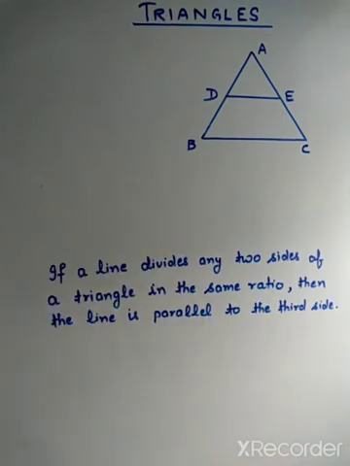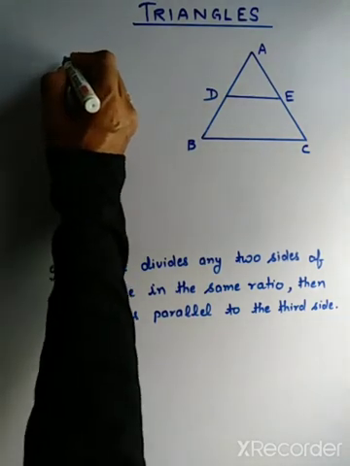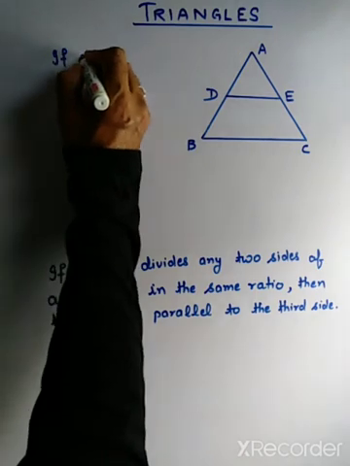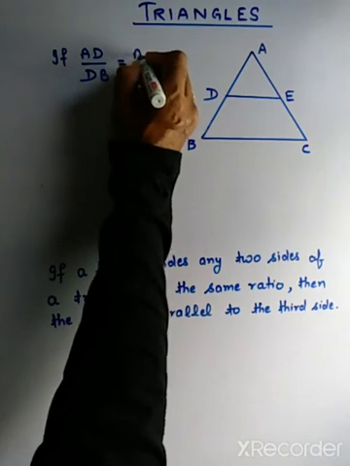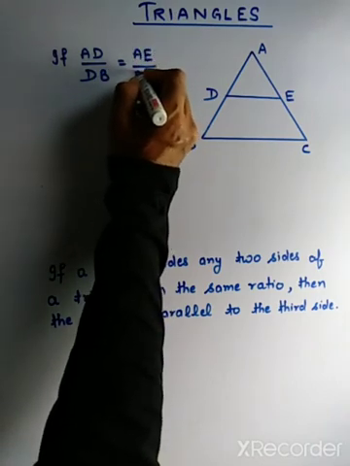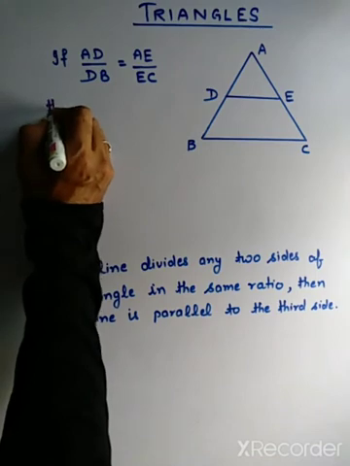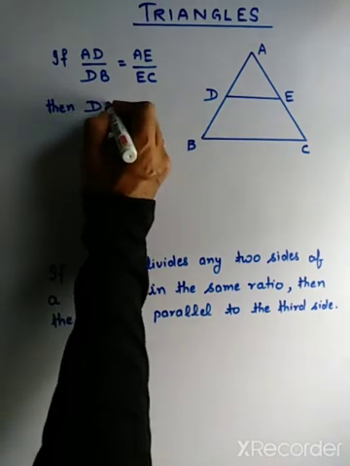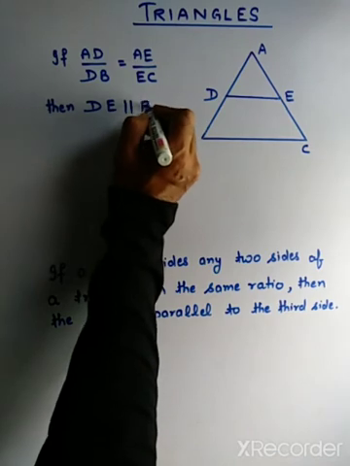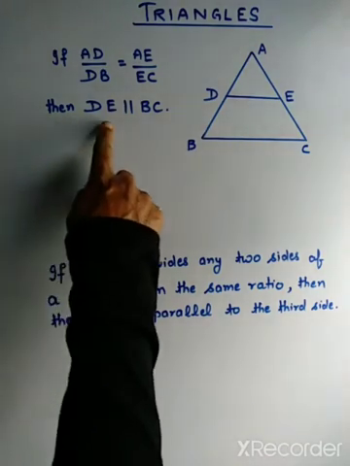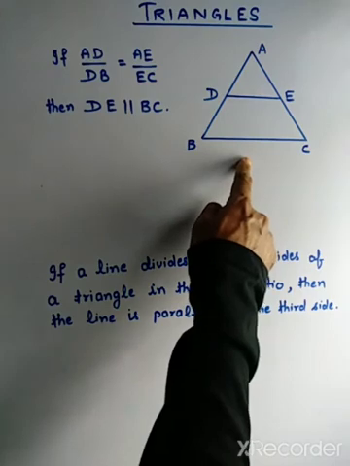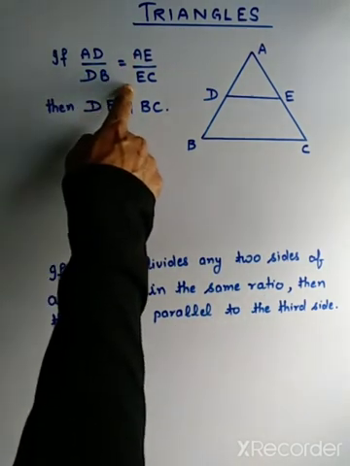What should be the converse of basic proportionality theorem? That is, if AD upon DB equals AE upon EC, then we can say line DE is parallel to BC. Original theorem of basic proportionality is, if DE is parallel to BC, then AD upon DB equals AE upon EC.